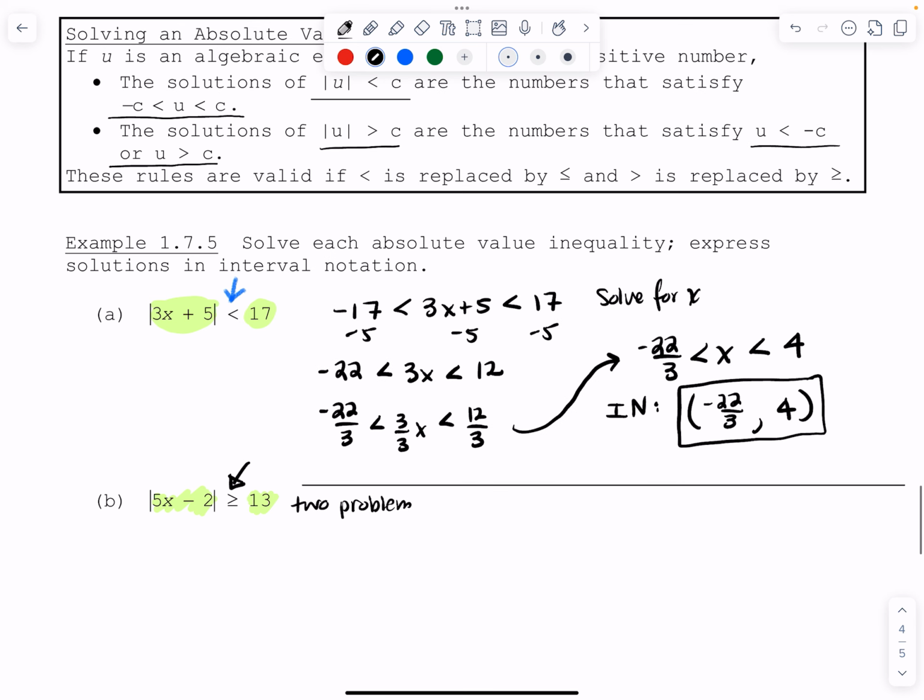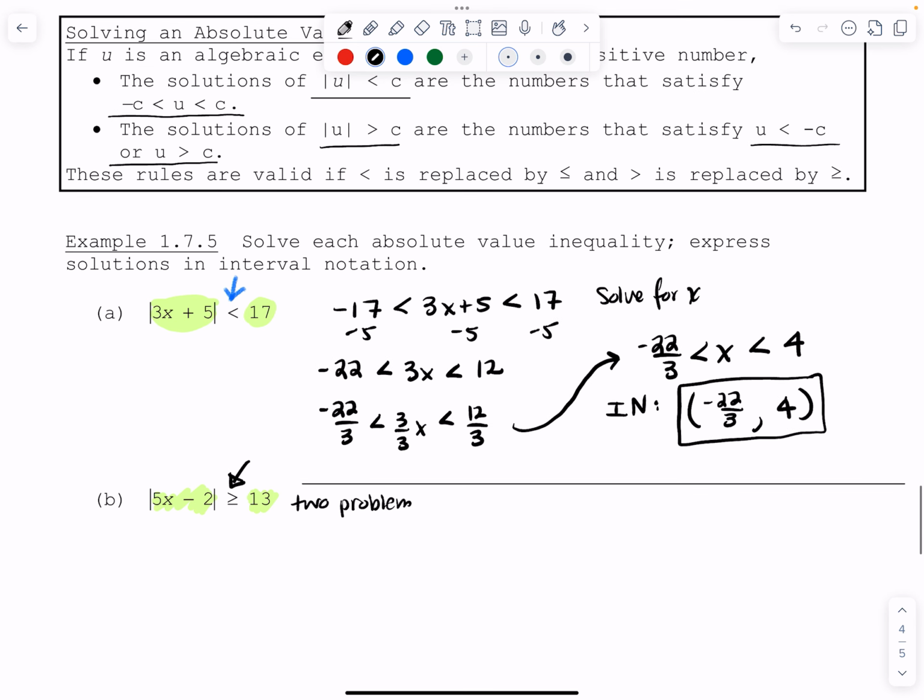So if you look up above, when the absolute value of u is greater than c, I have u is less than negative c, and u is greater than c. So I'm going to do the u is less than negative c first.